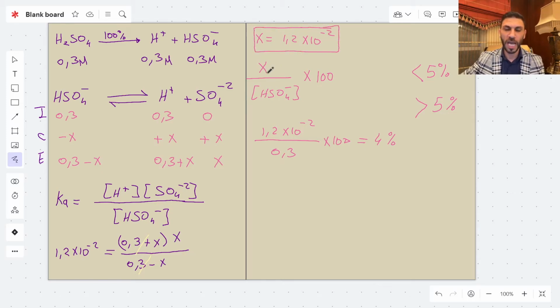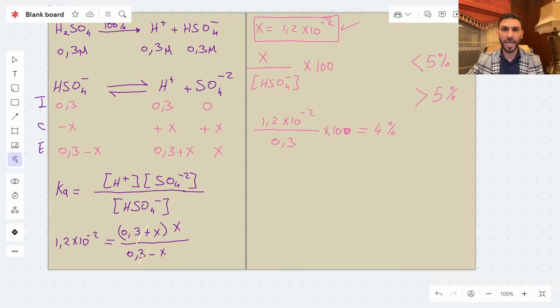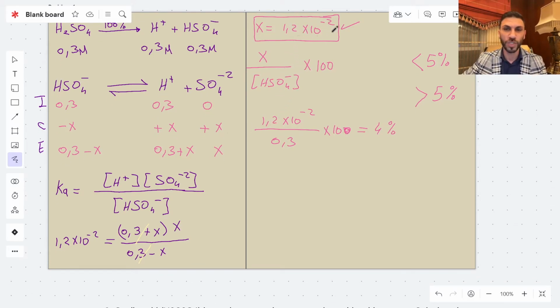Again, what did we do? After we found X, we divided by the initial concentration of the acid and we multiplied by 100. If it's more than 5%, we cannot neglect X and we need to do the cross multiplication and we solve for a quadratic equation. If it was less than 5%, then after we neglect X from this equation here, we can accept this value. So I'm going to accept this value, and X now equals to 1.2 times 10 to the power of negative 2.